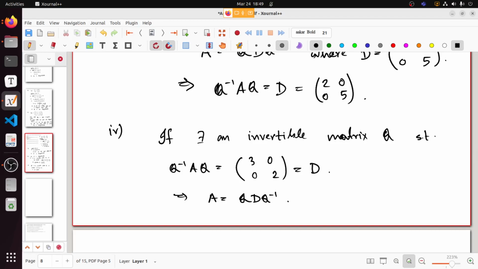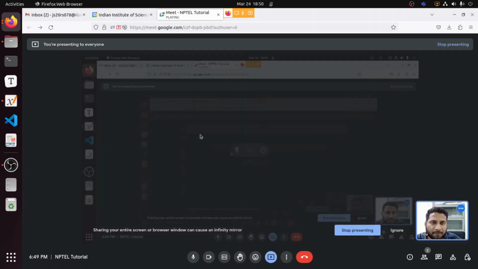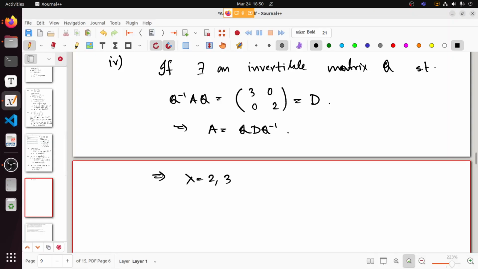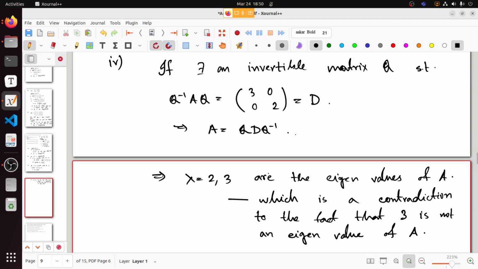Which implies lambda equal to 2 and 3 are the eigenvalues of A. Which is a contradiction to the fact that 3 is not an eigenvalue of A. So option number 4 is false.